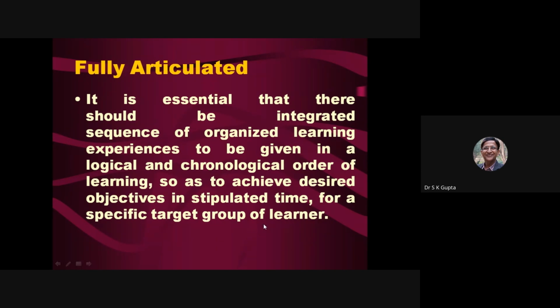We have 10 plus 2 students for our undergraduate programs, and 10th pass students for our diploma programs, and our specified period is also there, 4 years for the undergraduate program and 3 years for the diploma program. So we have to see how many subjects we can offer in these 4-year or 3-year programs, and we have to arrange our learning experiences logically.